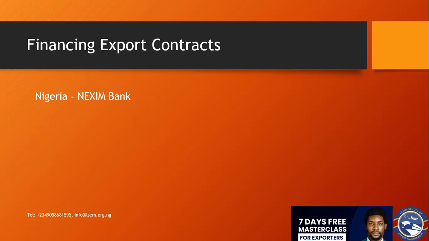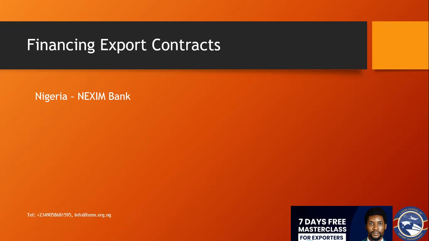Just like the commercial bank, you have to open an account with them, operate an account with them, then you can present your documents to them for a facility. They call it a facility, so export financing facilities. They have different facilities, different options that you can use to make your export dream come true.